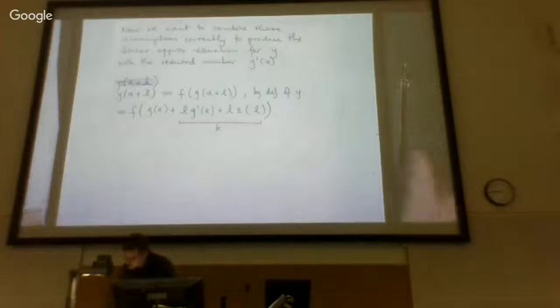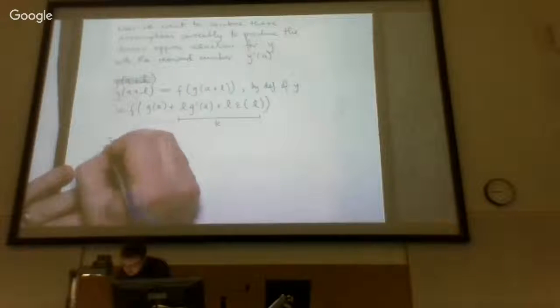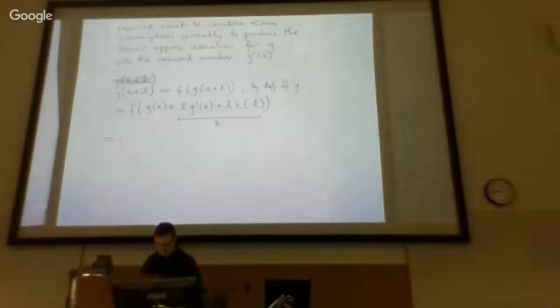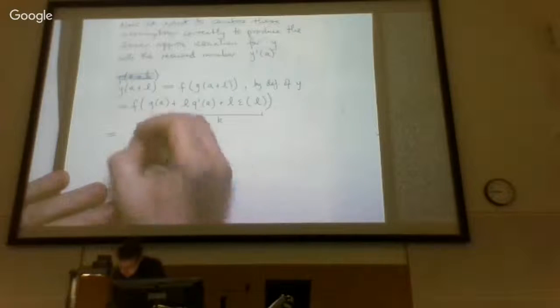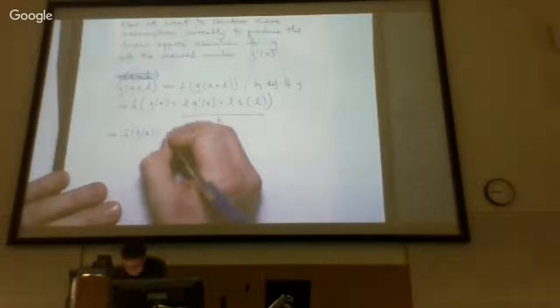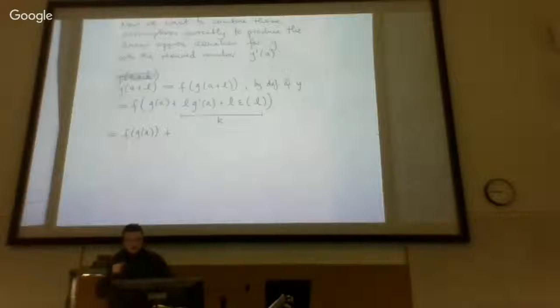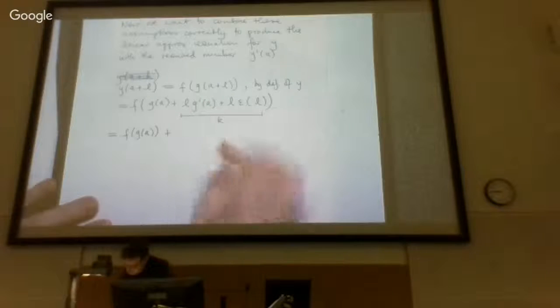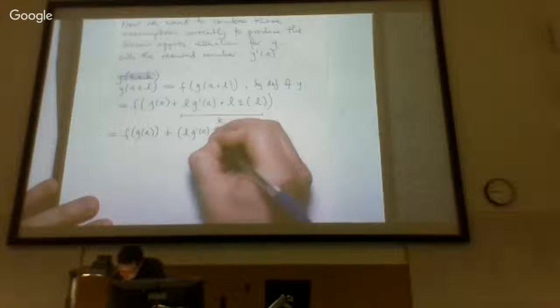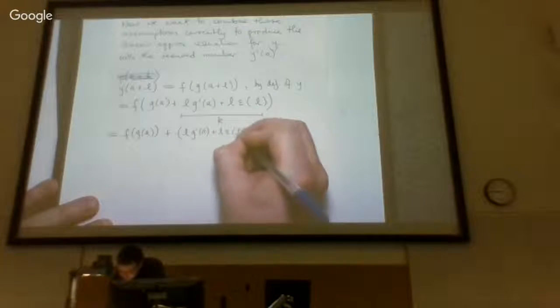So I now use the linear approximation form for the function f to write this as f of g of a plus my k. This is my number k, so l g prime of a plus l epsilon of l.